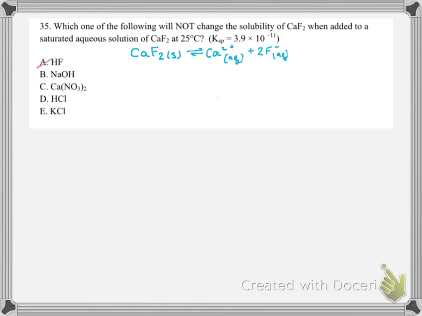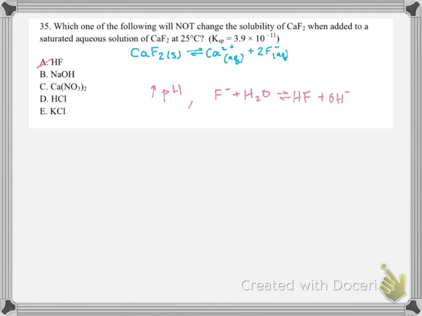So if we add NaOH to this solution, what will happen is we'll increase the pH. Right? And so that will change the equilibrium of F minus interacting with the water in solution to form HF and OH minus.